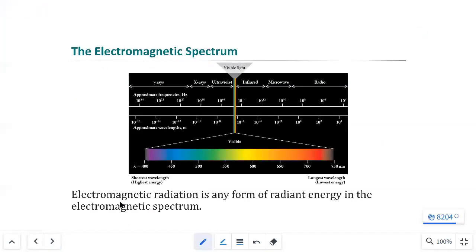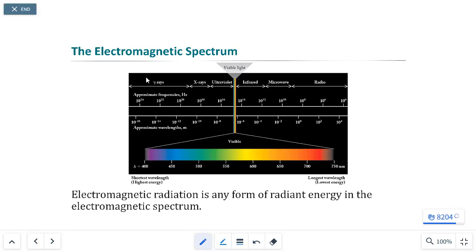Before we get into that fully, we need to have an understanding of something known as the electromagnetic spectrum. We have here a representation of all forms of radiant energy. Any form of wave-like energy that exists can be described using the electromagnetic spectrum.